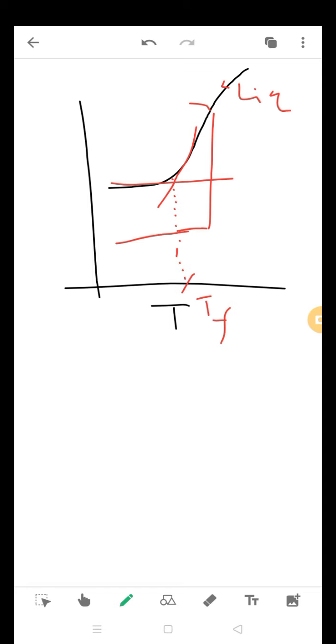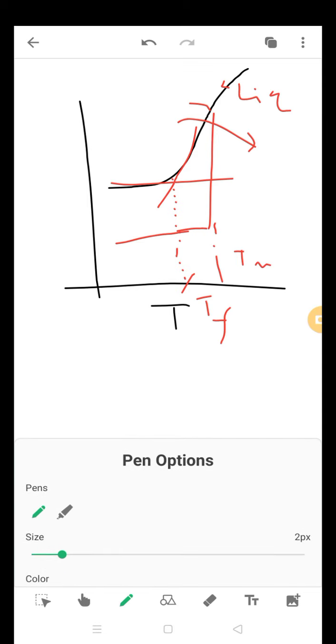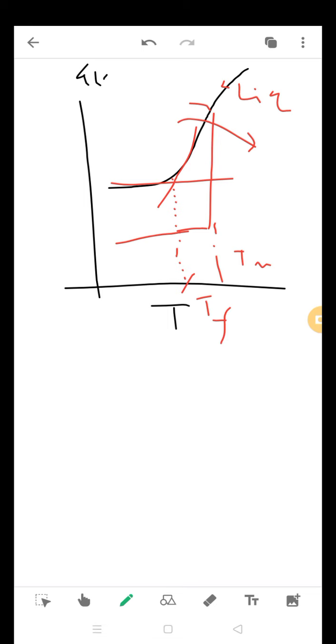And after melting, if this is the melting temperature Tm, after that what you get is your supercooled liquid. So this is your glass transition, and this is your supercooled liquid. So this is H and this is T.